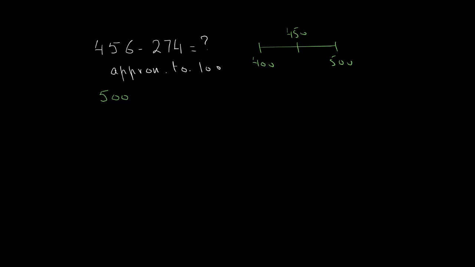And the same applies to 274. This gets approximated to 300. So it's just 500 minus 300, which is approximated to be 200. So what we can say is that 456 minus 274 is approximated to be equal to 200. And now we can even do some harder problems.